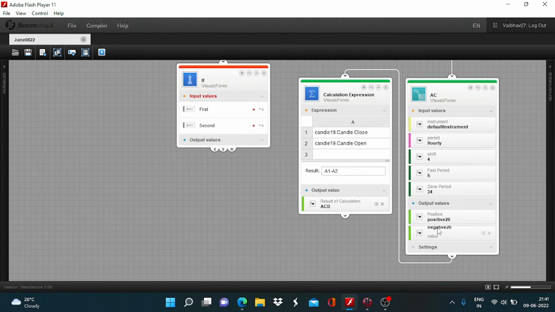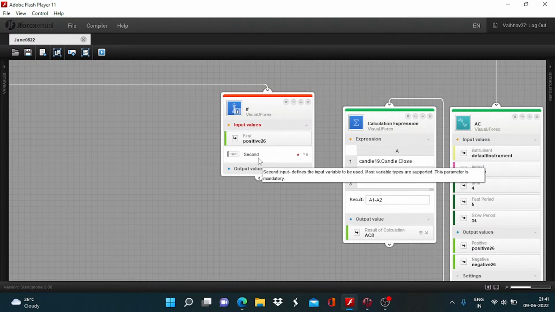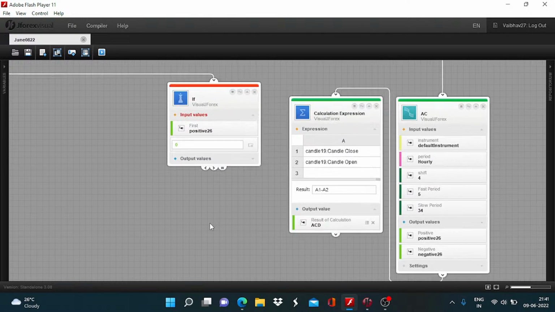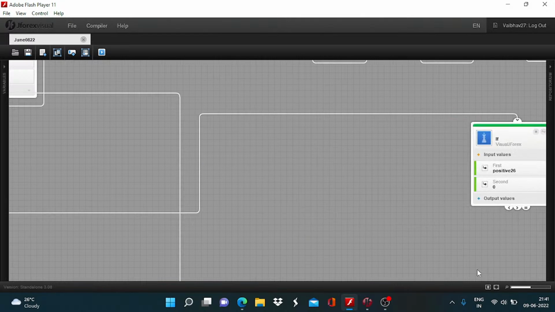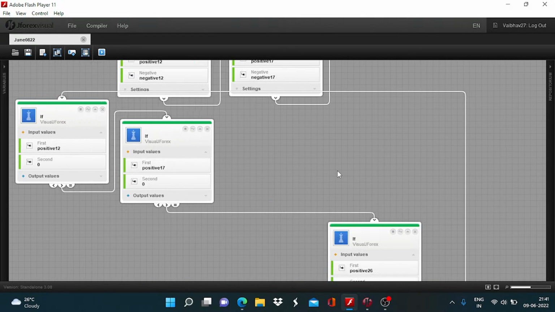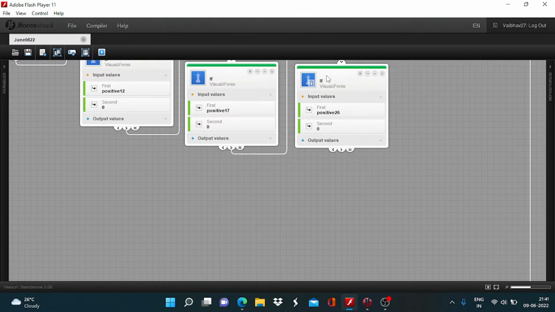Then we consider the output of positive 26, and it should have been greater than 0 again. So first, oh no, this should have been less than 0 actually. This is with the look back period of 4. So 4 hours back, things should have been on the bearish side.